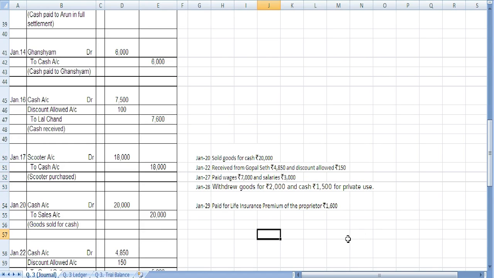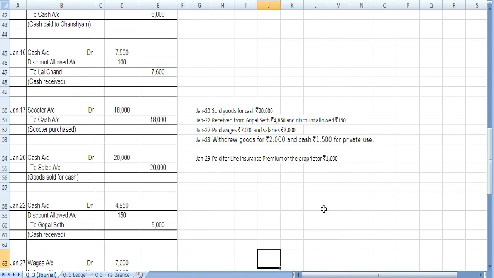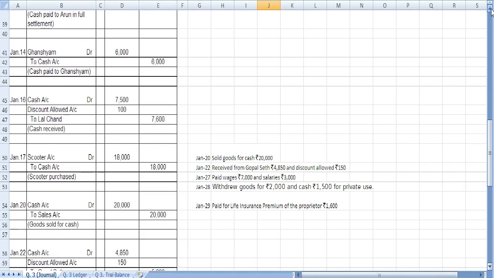We have received a cash of 4,850, discount allowed 150, so we are settling it for 5,000 to Gopal Seth. Gopal Seth is the giver.